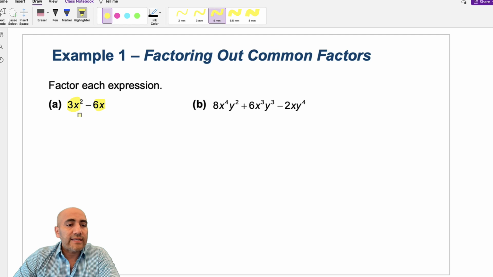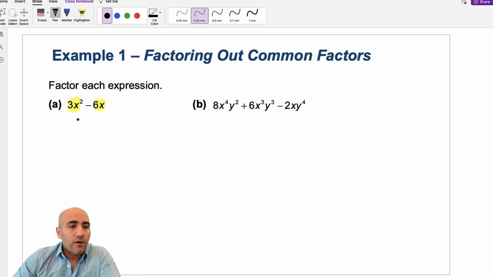So all we have to do is identify which numbers are common and which variables are common to both terms, and then do the reverse of distribution. So all we have to do is recognize that between the 3 and the 6, they both have a common factor of 3. And between the x squared and the x, they both have at least one common factor of x. So we just factor this as 3x.